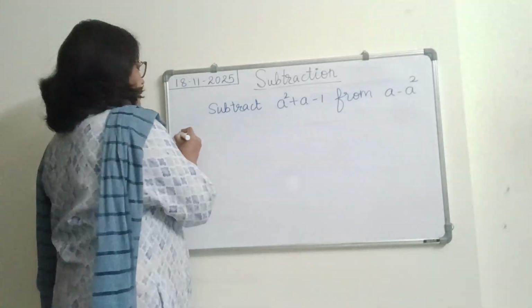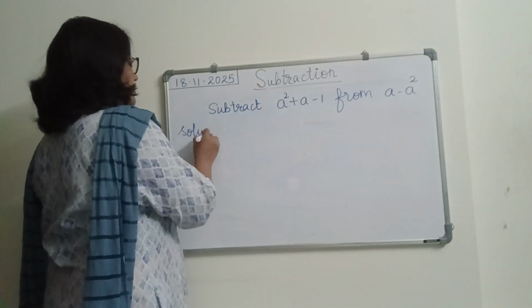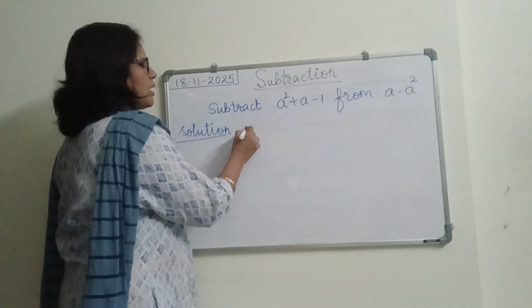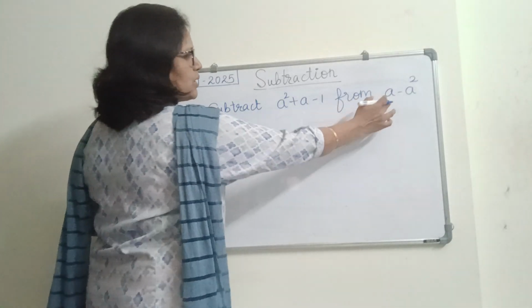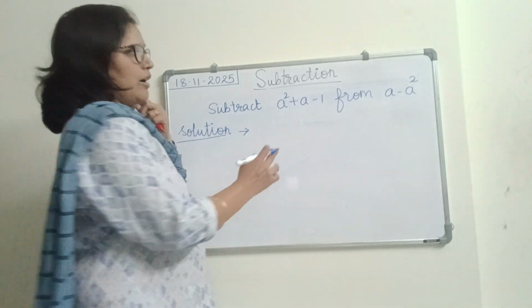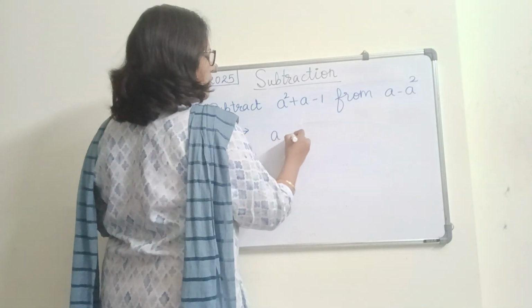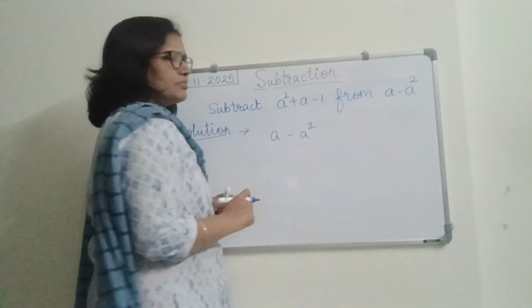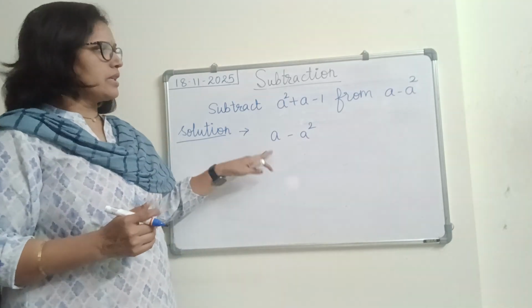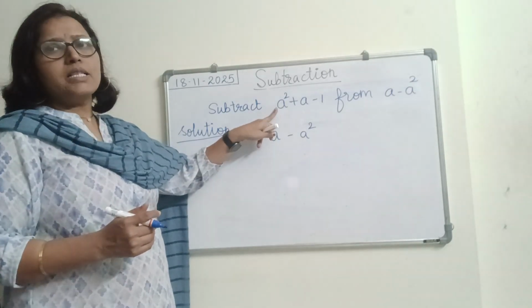The first thing you have to do is arrange the like terms together. You have to write in the column format. So first you take this expression, because that is the one we subtract from. So a minus a square. There is no constant. Only a and a square, two variables are there. Here a square is there.